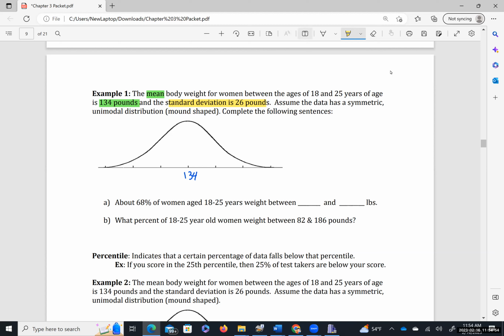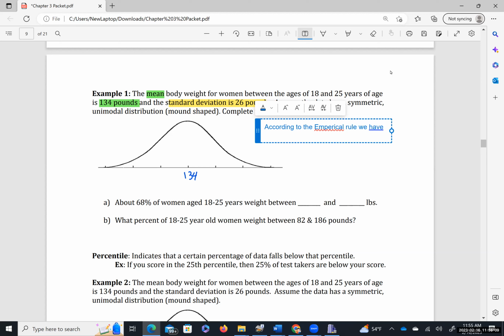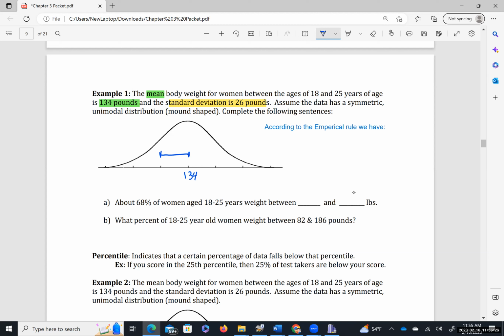According to the empirical rule, if you subtract one standard deviation from the mean, and you add one standard deviation to the mean, what do you get?